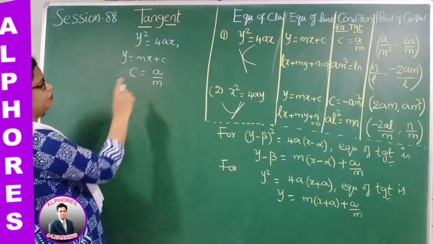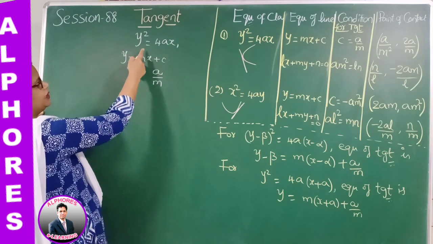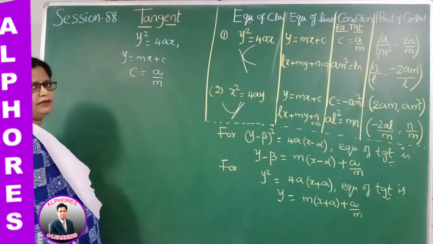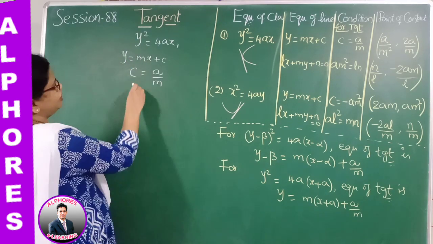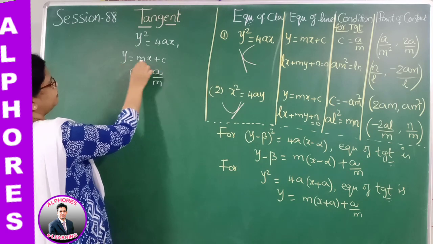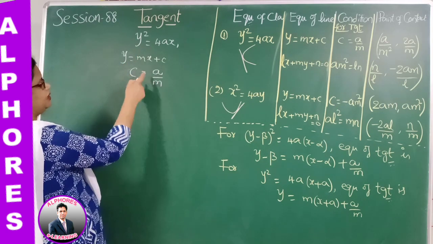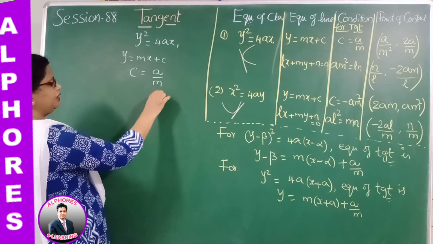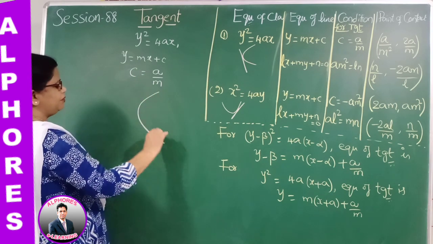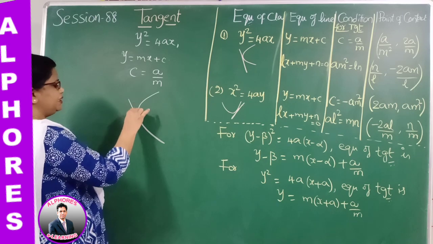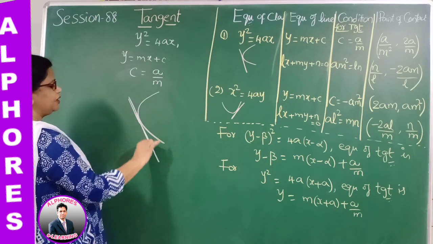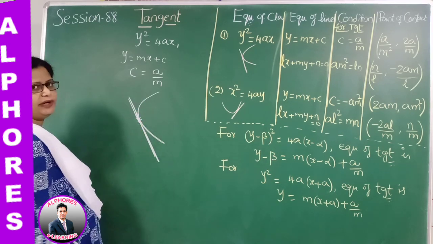So this kind of condition we have observed while discussing the position of a line with respect to a parabola. Now c is a by m for this kind of line. That implies whenever the discriminant is equal to 0, the line is exactly touching the curve at one and only one point.